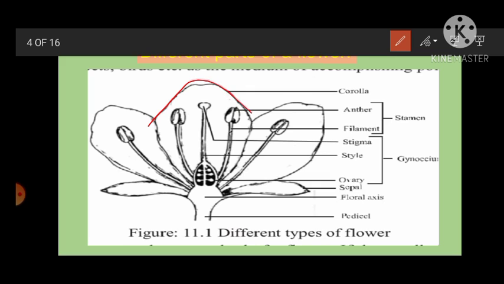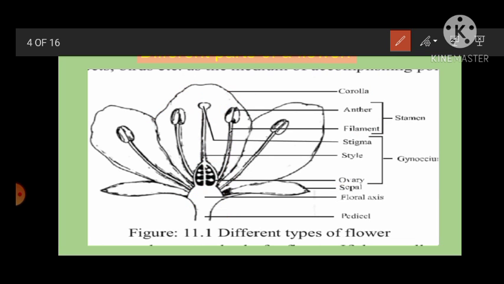This part is corolla, this one is anther, this one is filament, this one is stigma, this one is style, and this one is called ovary, and all these 3 parts are the parts of gynoecium. This is called floral axis and pericell.